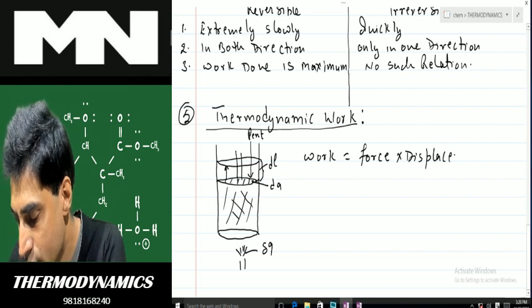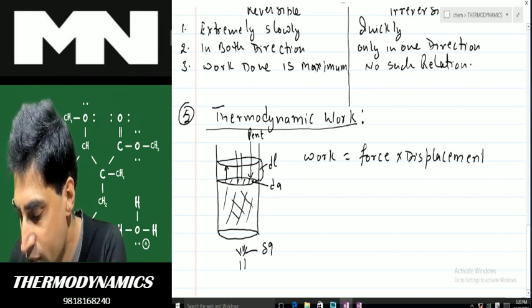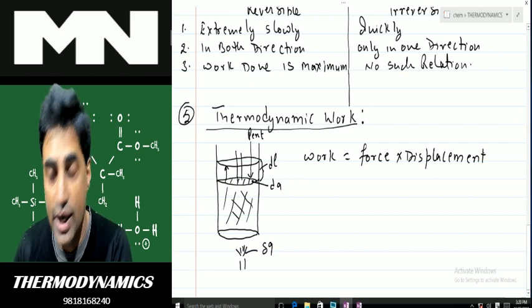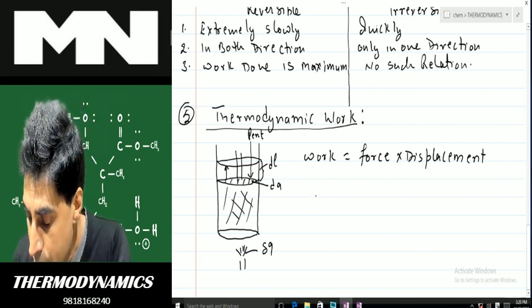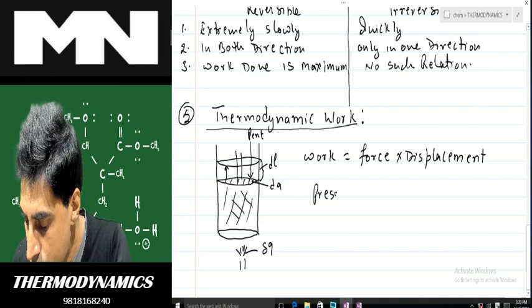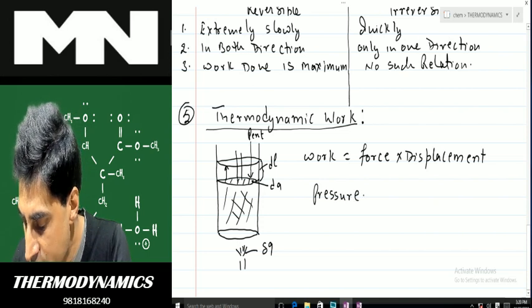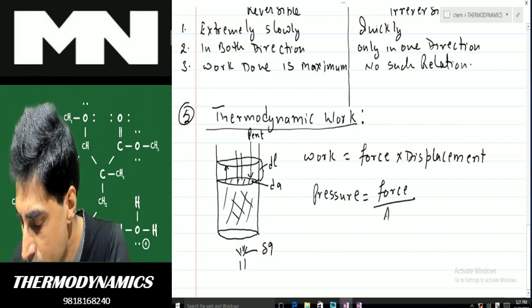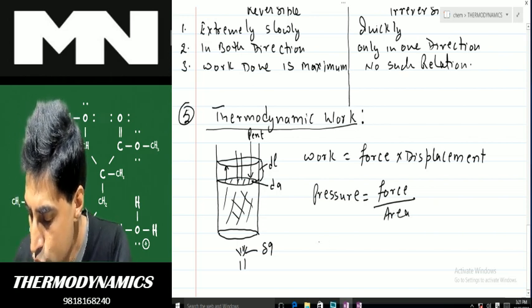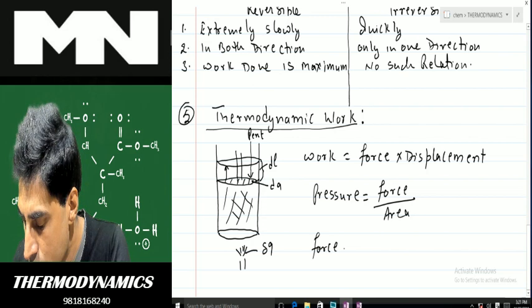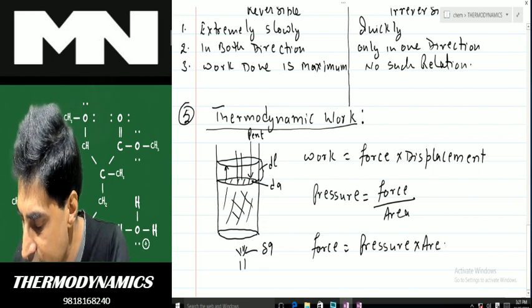displacement. It is always force into displacement. And you also know that pressure is force per unit area. So I can say force is equal to pressure into area.